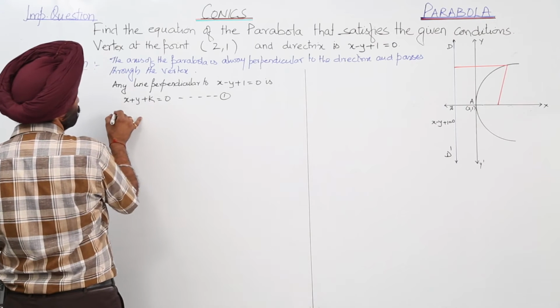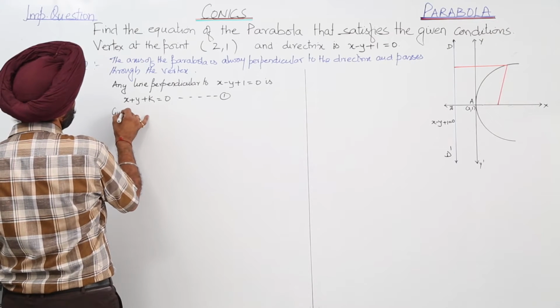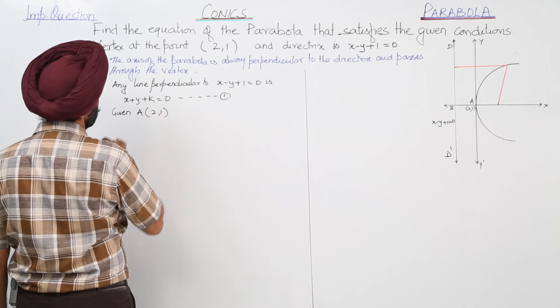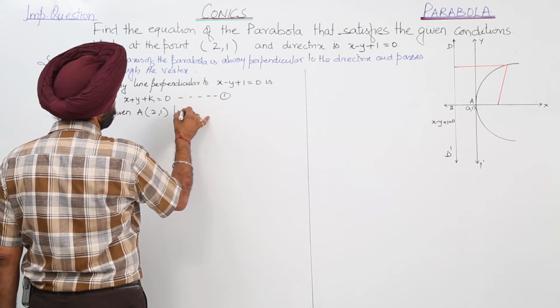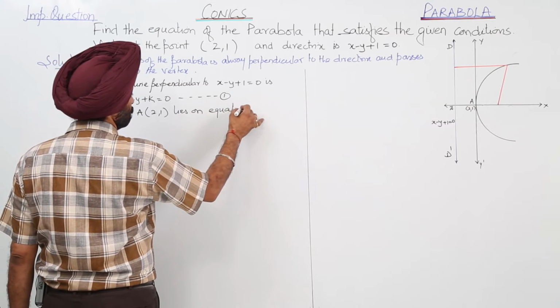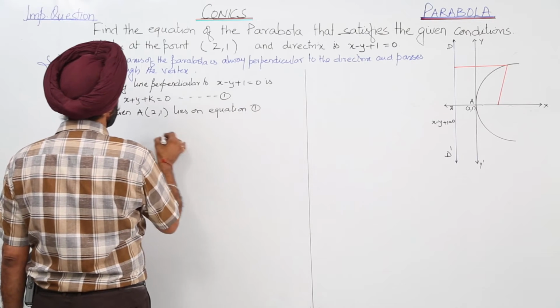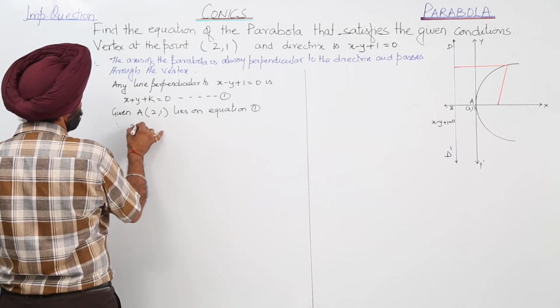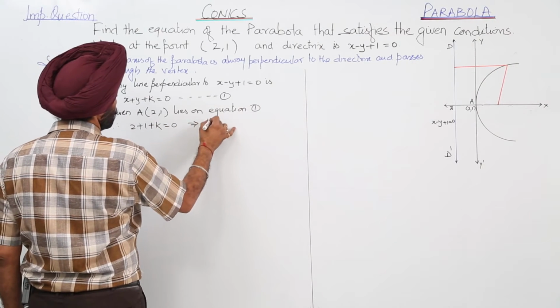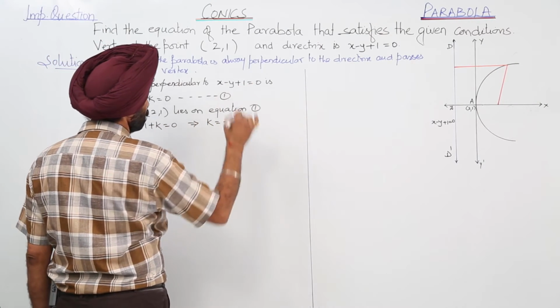Now the given vertex A (2, 1) lies on equation 1, therefore 2 plus 1 plus k is equal to 0, and here we are getting k as negative 3.